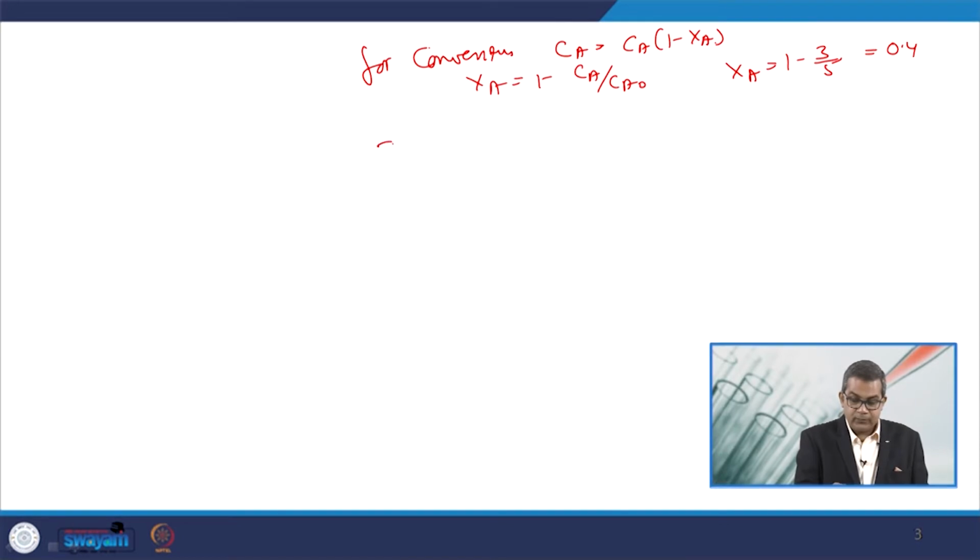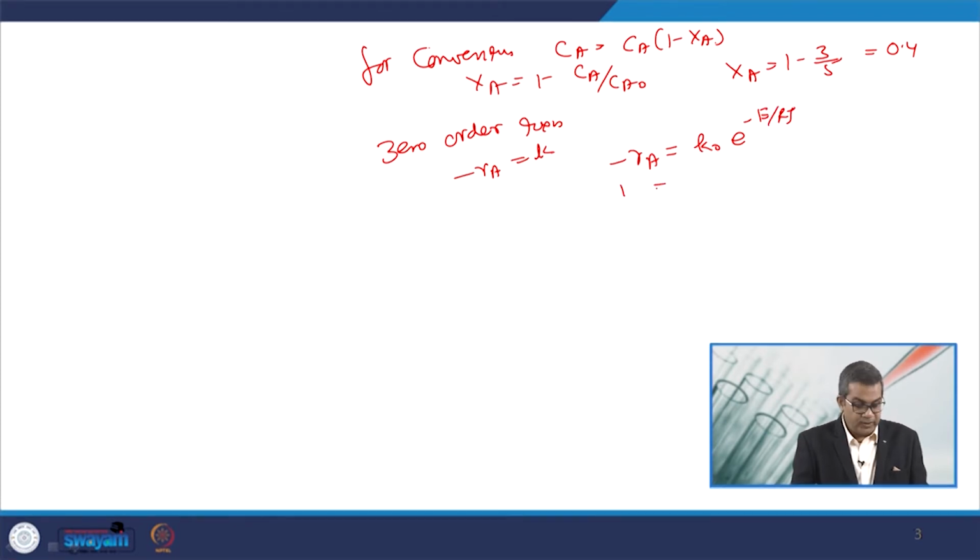If it is a zero order reaction, then minus Ra is equal to K. From the Arrhenius law, minus Ra is equal to K naught e to the power minus E upon RT, and that is 1 equals K, which is K naught e to the power minus E upon RT.